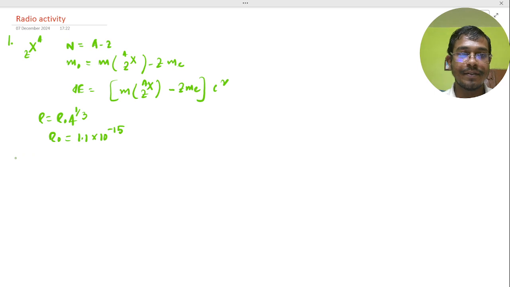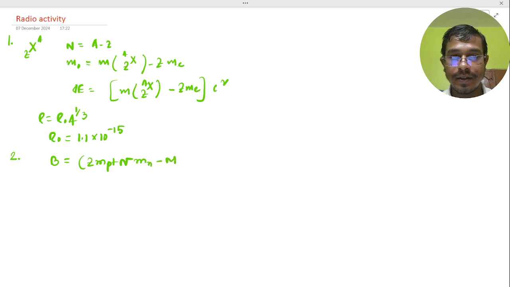And the binding energy would be Be equals Z Mp plus N Mn minus mass of nucleus, into c square, basically del m c square. M is the mass of the nucleus, Z is the protons, N is the neutrons, and c is the speed of light.